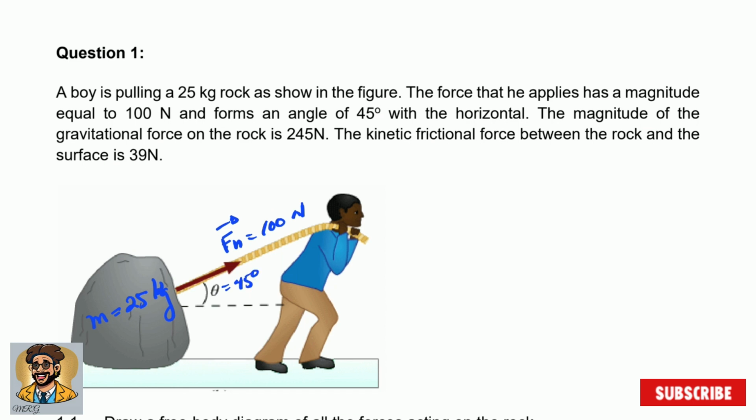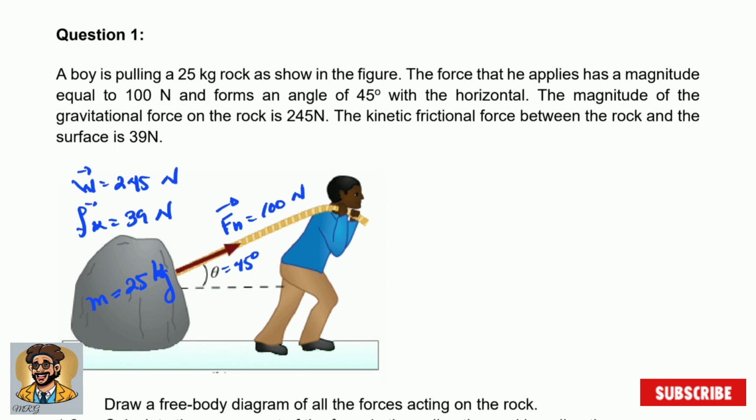They're giving you the weight of the rock, 245 Newton, and the kinetic frictional force is equal to 39 Newton. You know now that it means the rock is actually moving.